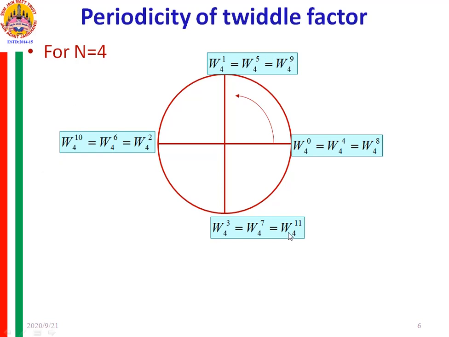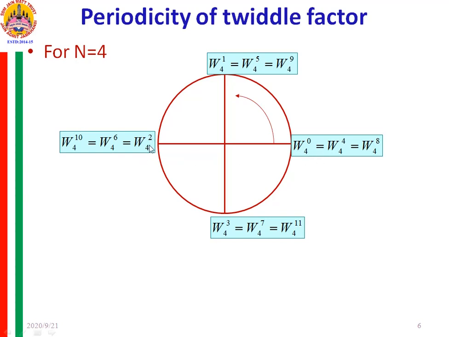So if you observe your N cross N matrix, that is the 4 cross 4 matrix of twiddle factors, you are interested in points up to W raised to 9, 4. Now if you compute 2 points, that is enough to find the remaining 2 points. W raised to 0, 4 and W raised to 2, 4 are symmetrical with each other, because W raised to 0, 4 is real.